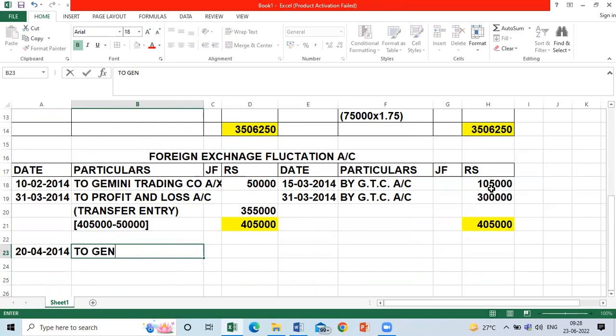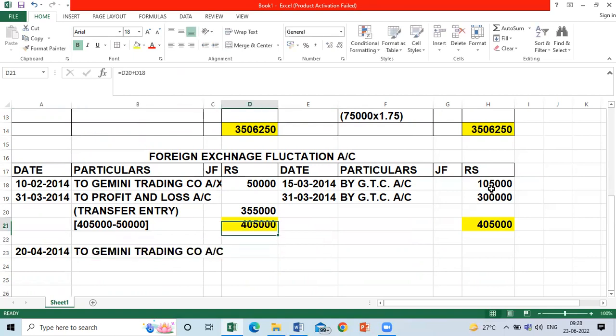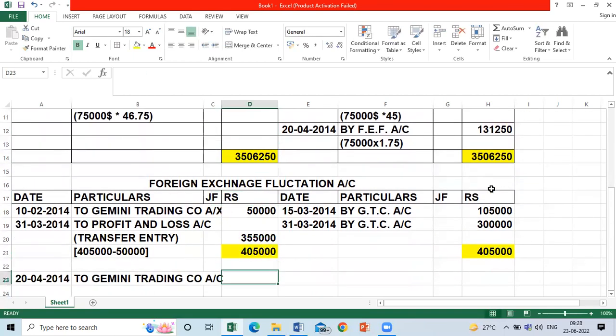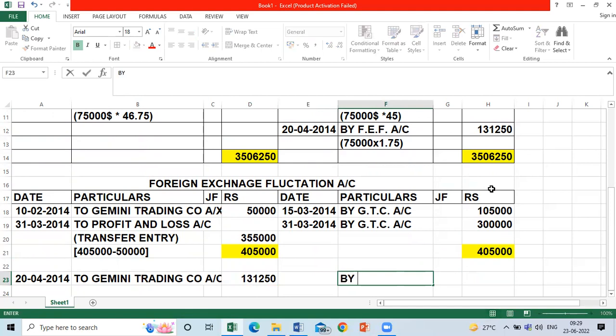To Gemini Trading Company account. How much was the loss? 131,250. Again, that loss will be transferred to profit and loss account at the end of the year, that is, 31st March 2015.